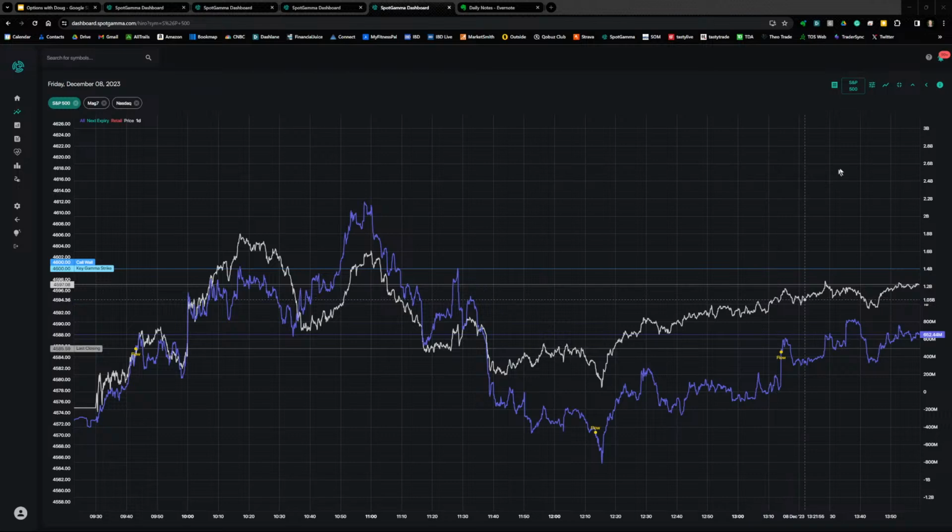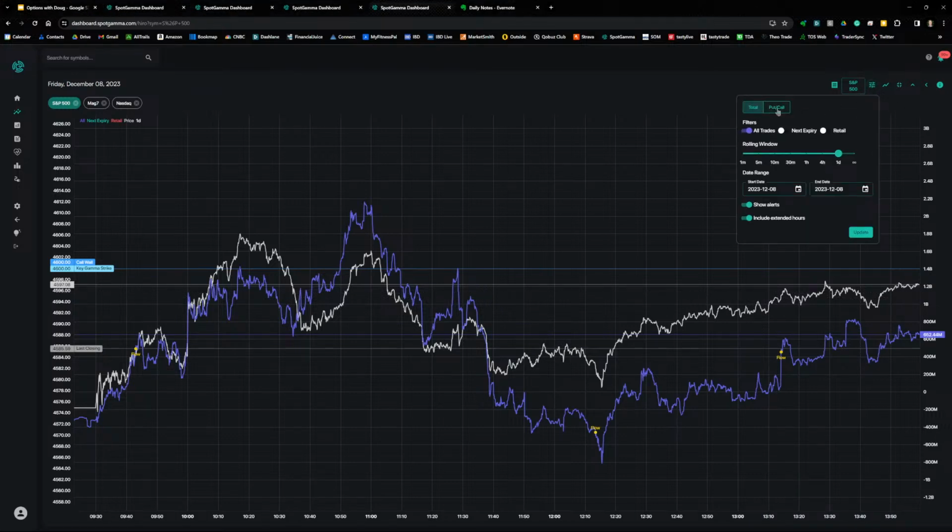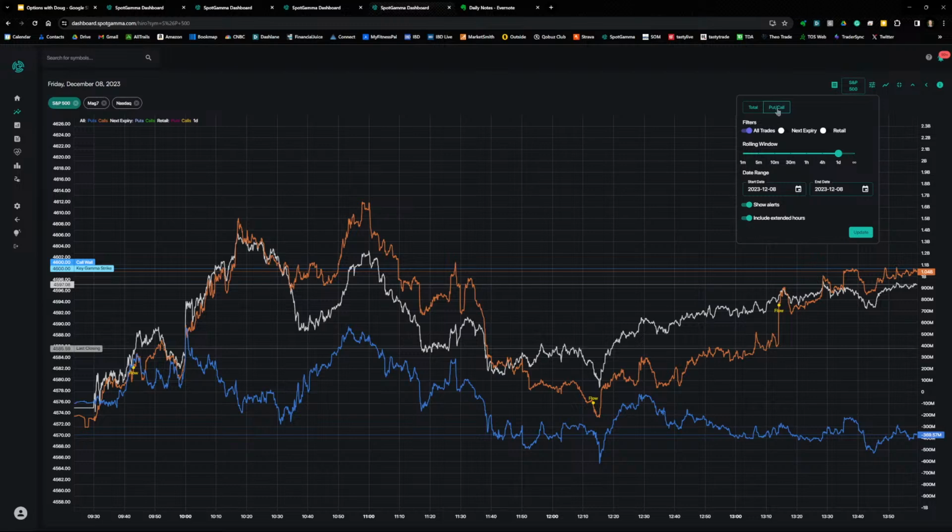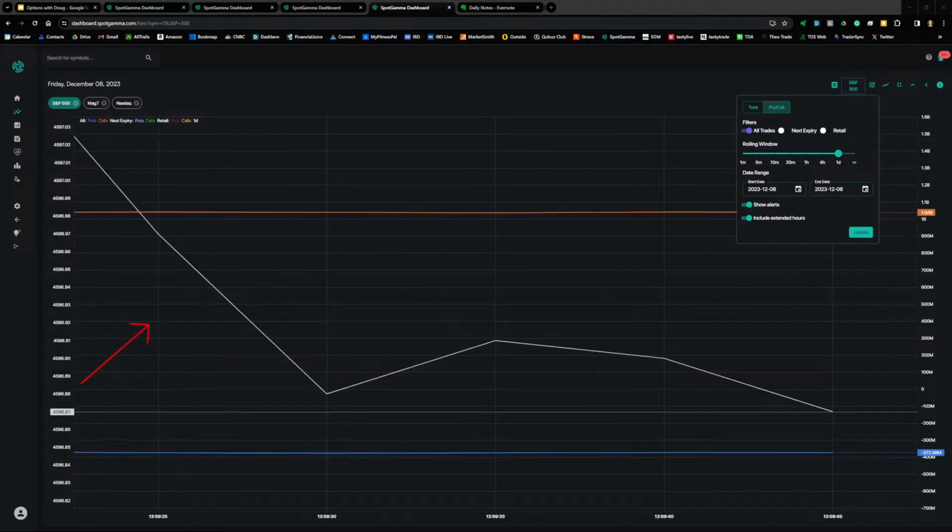All right, let's take a closer look, separate out puts and calls so we can get a little bit more clarity about what traders are doing. So initially in the morning, traders were buying calls. That's shown by the rising orange line. Sorry about that.